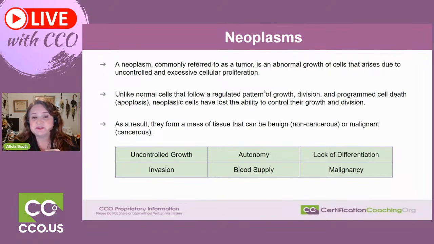But the difference between benign and malignant is that benign stays in one place. It doesn't mean that it doesn't get invasive, but a benign growth on your forehead is not going to end up in your colon. It's going to stay here. Does that mean that it's going to complicate things?